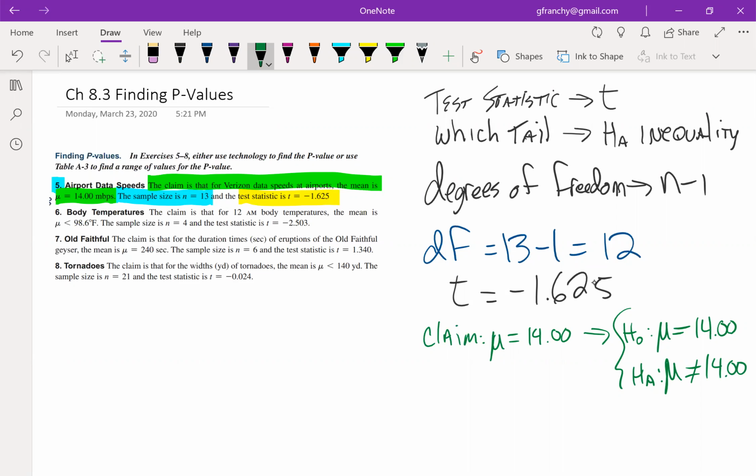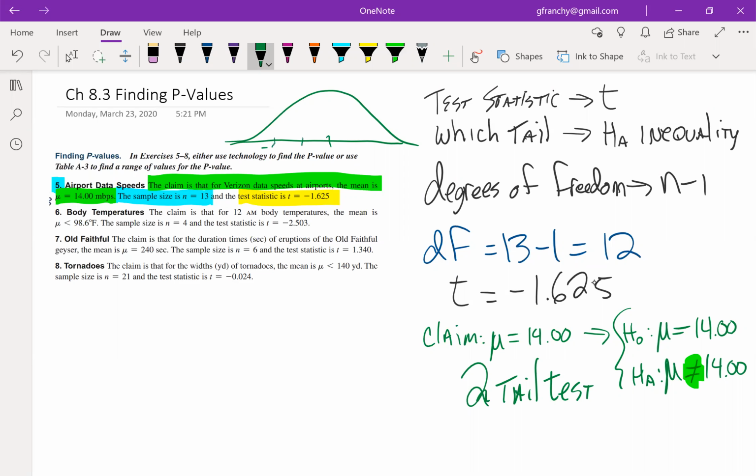And that means that we are dealing with a two-tail test. Visually, what that looks like: we have our t-distribution. We're going to have our test statistic out here at negative 1.625.